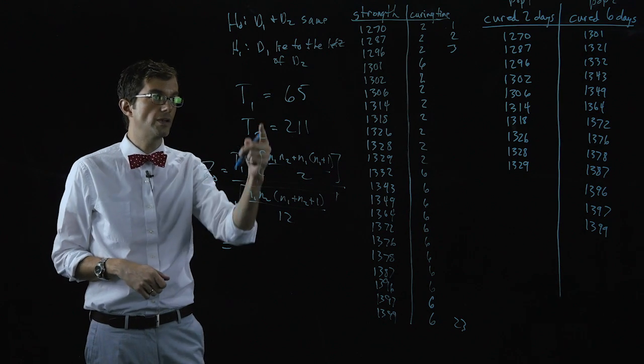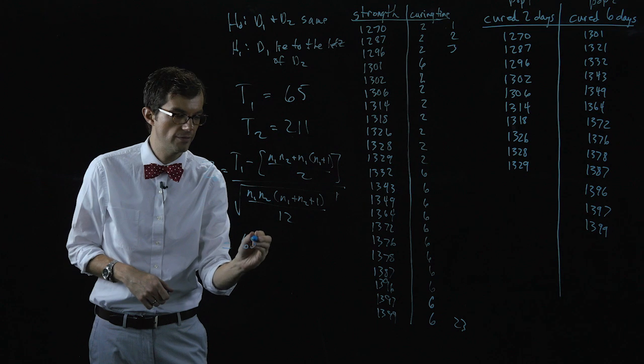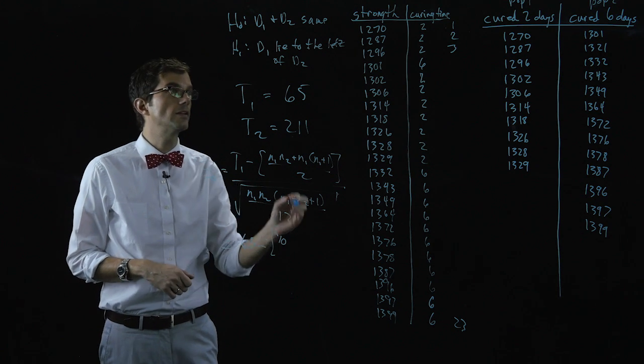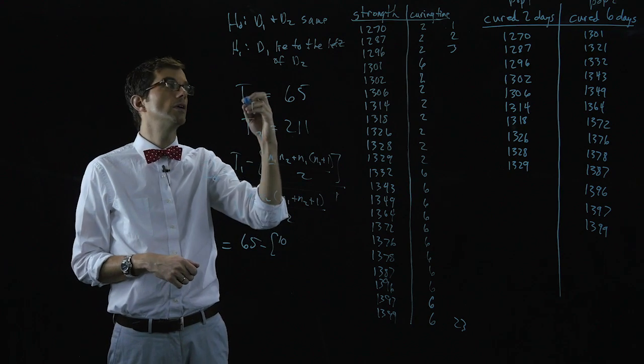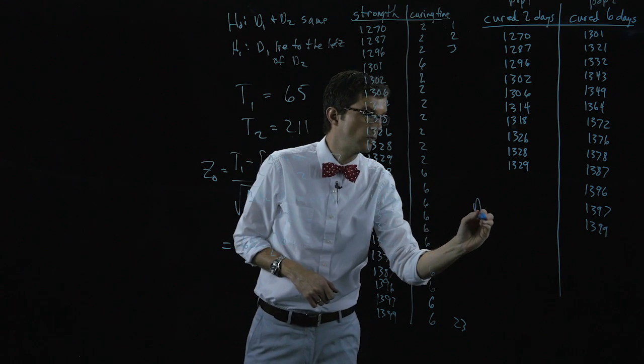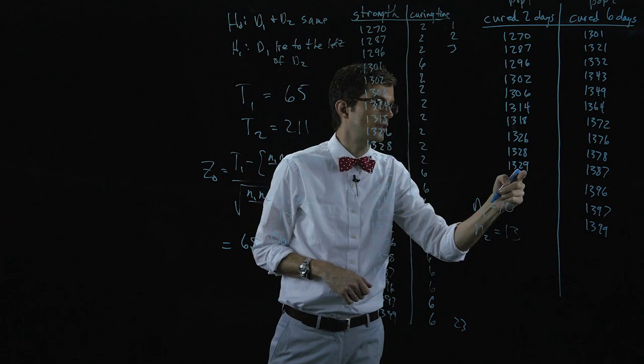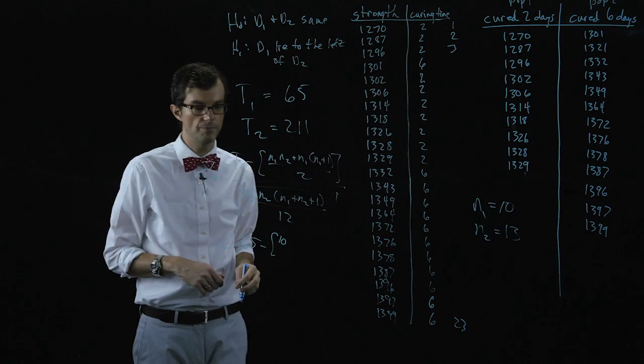Okay, so we know what T1 is. That's 65 minus... N1 is 10. Let's write those out as well, just so we're clear. N1 here is 10. N2 is 13. 10 observations here, 13 observations here.